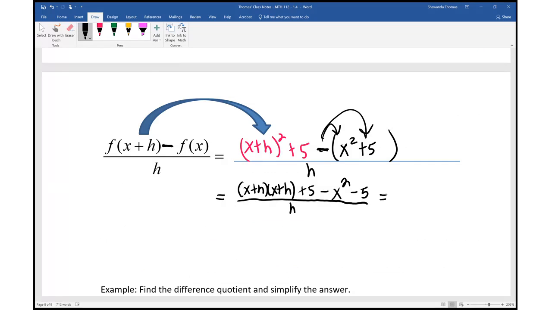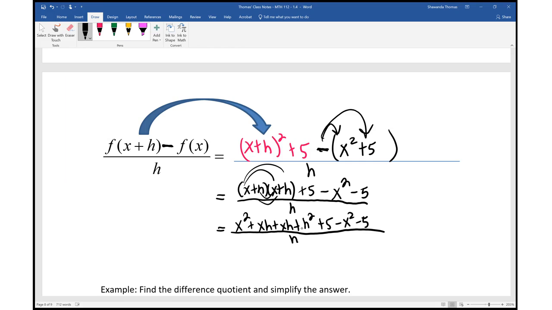All right, let's go down here, I need a little more space. Let's FOIL that out. x squared plus xh plus xh plus h squared plus 5 minus x squared minus 5.